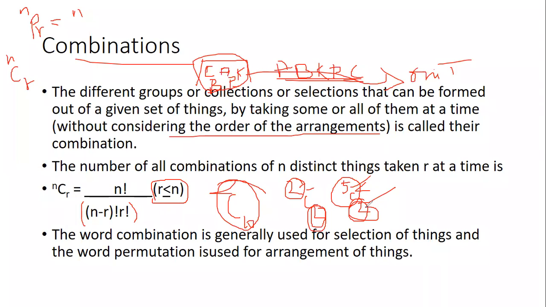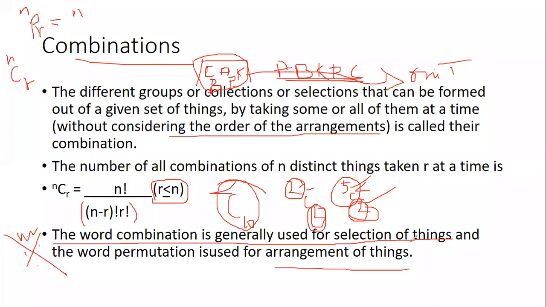Understood? Okay. Now next, the word combination is generally used for selection of things, and the word permutation is used for arrangement of things. This is very, very important. Mark it, underline it while you're writing. The word combination is generally used for selection of things.